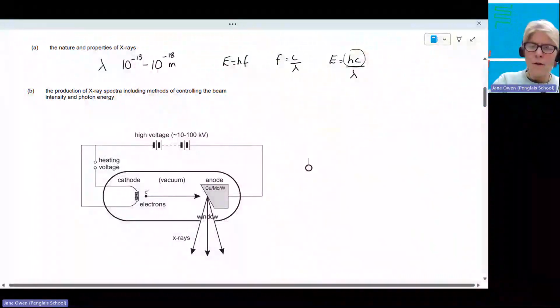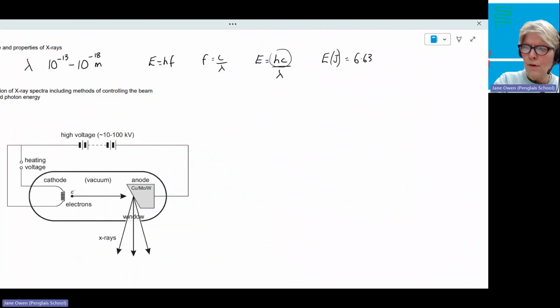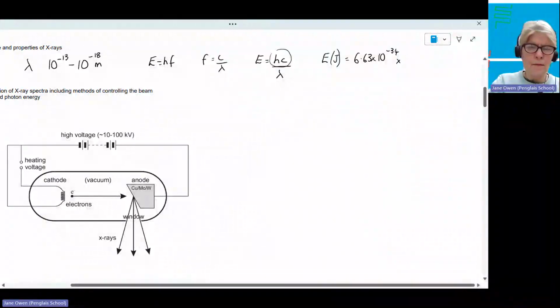So if I show you an example here, if we have the energy in joules, then we just substitute Planck's constant, 6.63 times 10 to the minus 34, times the speed of an X-ray wave, which is the same as the speed of light, 3 times 10 to the 8.